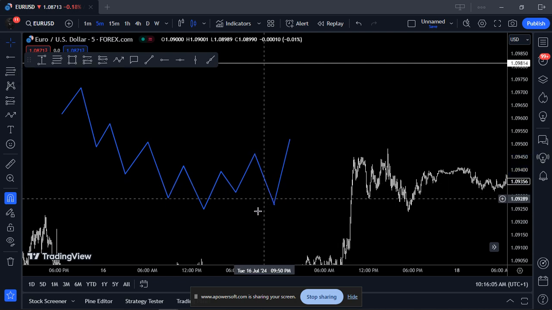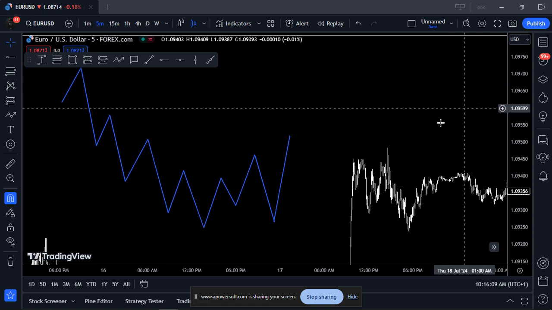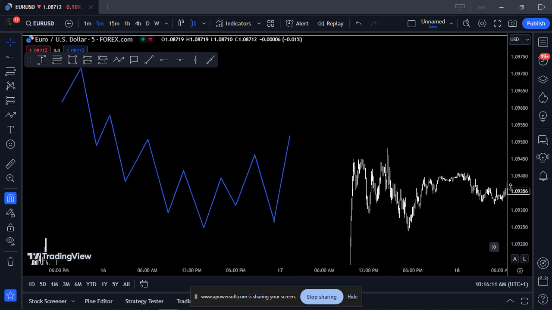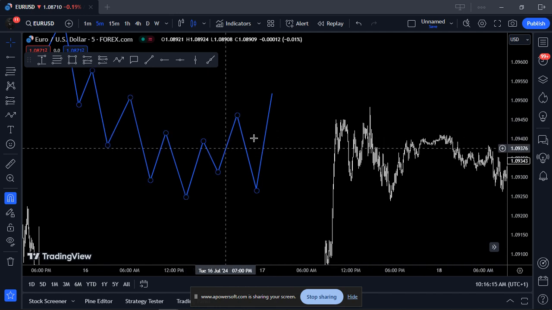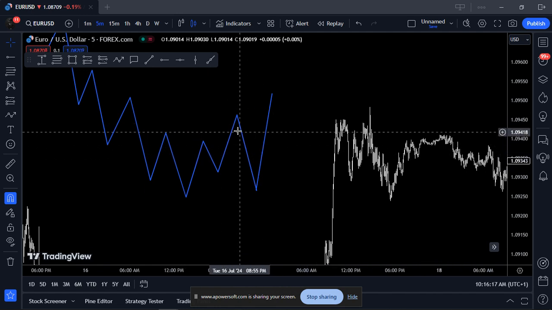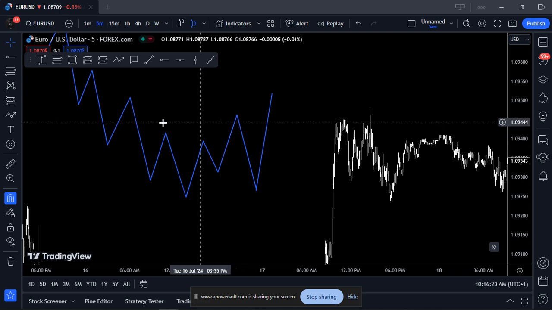There are certain things I want to point out to you. Now, for your inducement entry, there are two places where we can enter it. You enter for a short trade and you enter for a long trade.